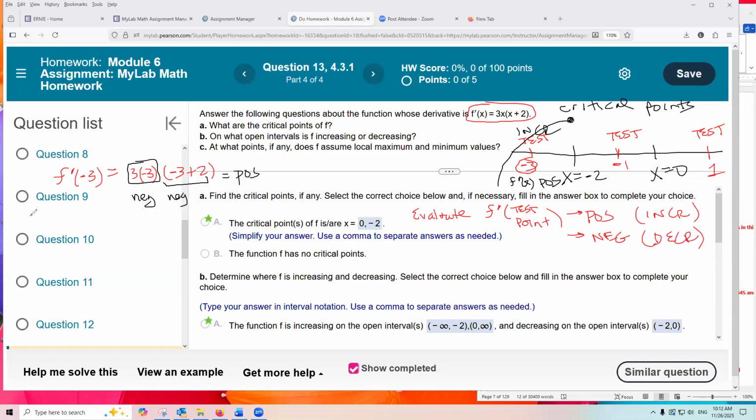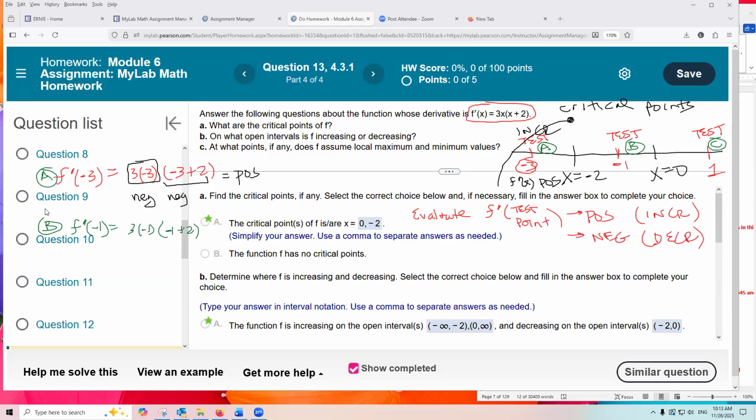All right, by the way, let me label these intervals to make it a little easier. I'll call this interval A on the left, interval B in the middle, and interval C on the right. So we just worked out interval A. Let's go to interval B. Our test point here is -1, so I want to work out f prime of -1. All right, 3 times -1, -1 plus 2.